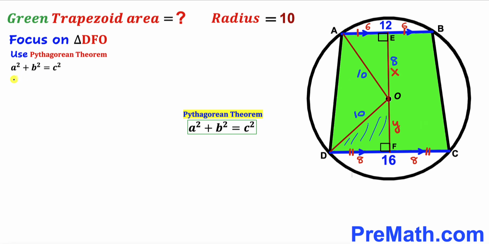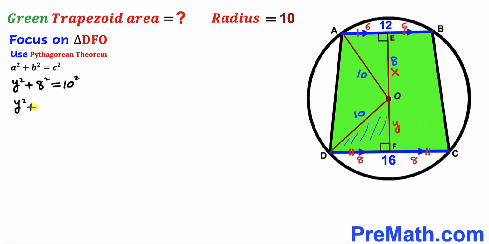So y squared plus 8 squared equals 10 squared, which becomes y squared plus 64 equals 100. Subtracting 64 from both sides, y squared equals 36.